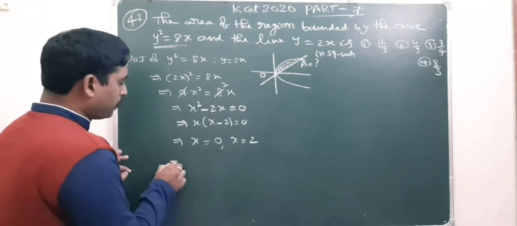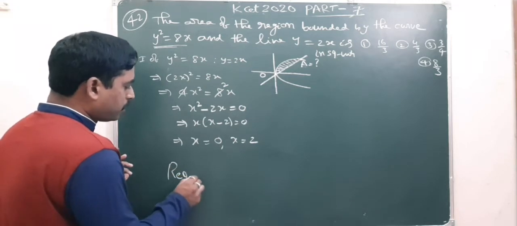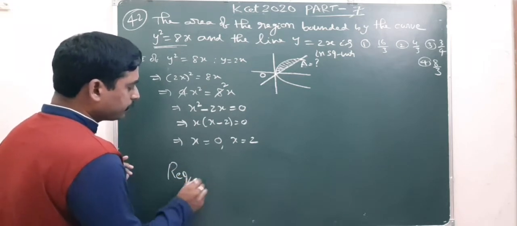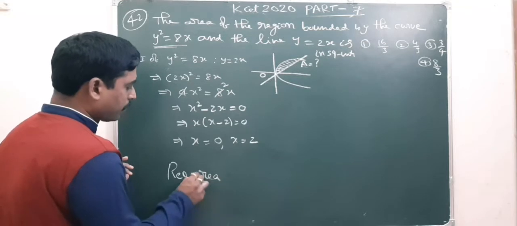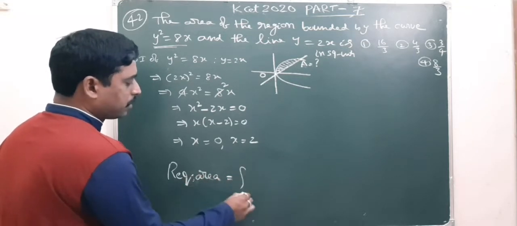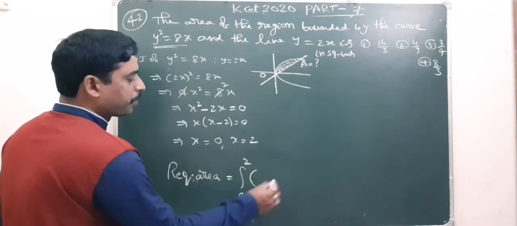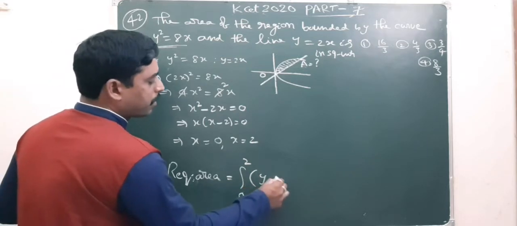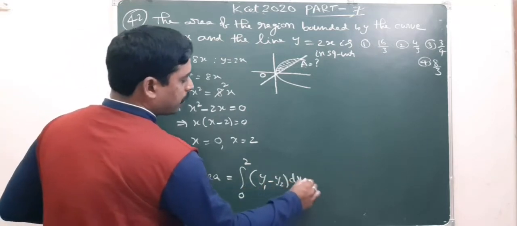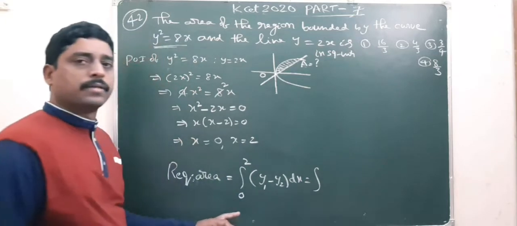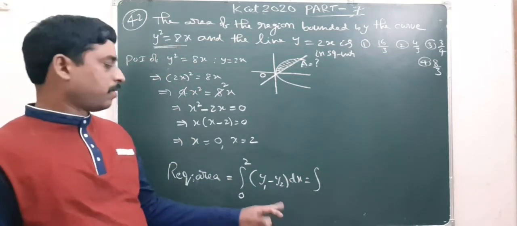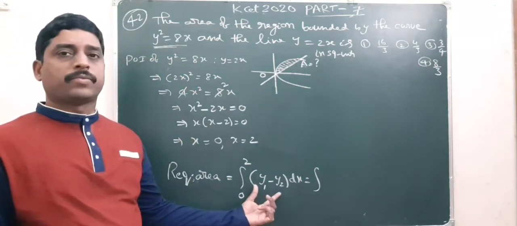So what is the formula? Required area is equal to integral 0 to 2, formula is y1 minus y2 dx. So by using x limits, formula is y1 minus y2 dx.